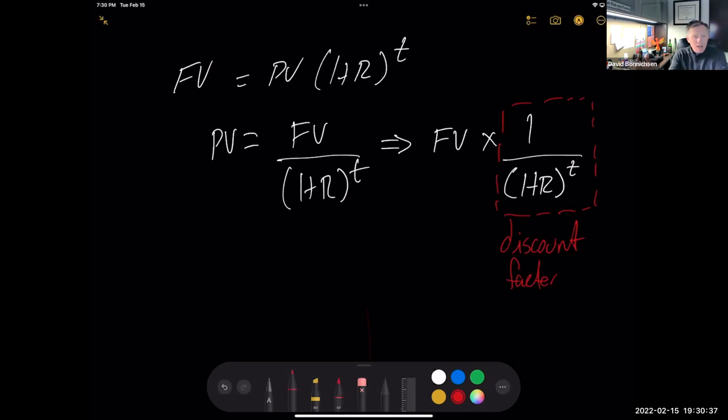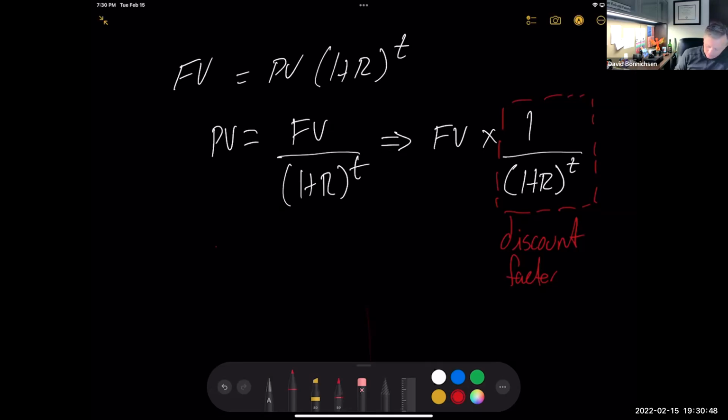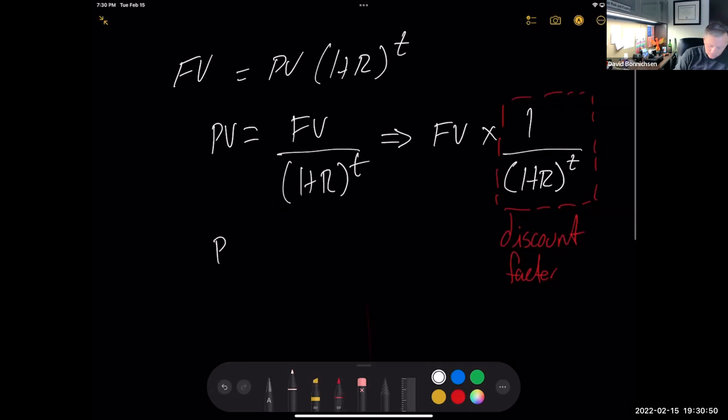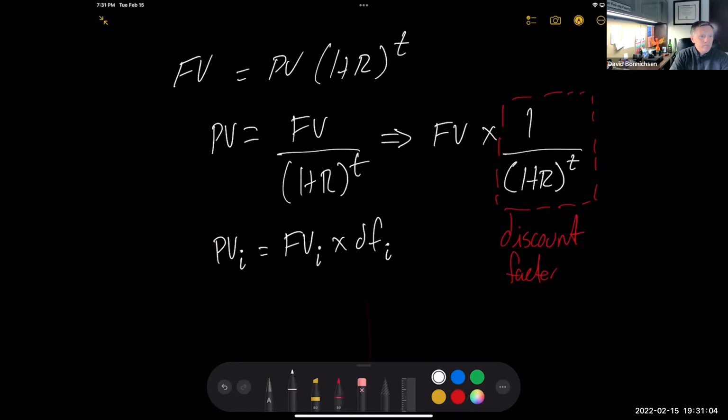So we know the time, so we can calculate the discount factor for every single year. And when we do that, we can then calculate the present value for some given time frame as the future value in that time frame times the discount factor for that same time period. Does that make sense?